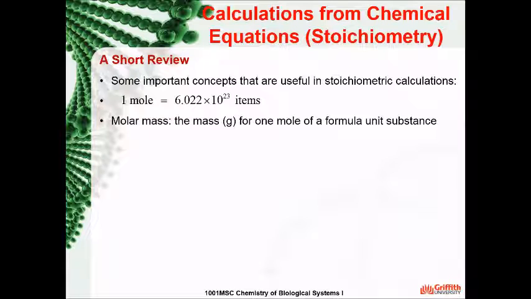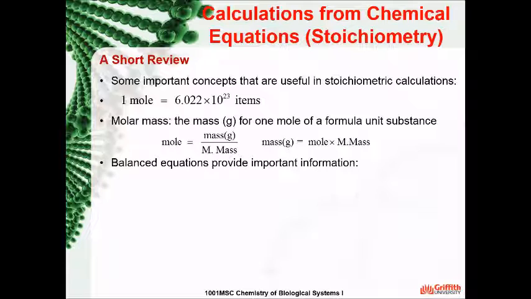This value can be determined from the periodic table. The relationship between mole mass and molar mass is presented in this formula. Moles equals mass over molar mass, which can be rearranged to calculate mass or the number of moles.